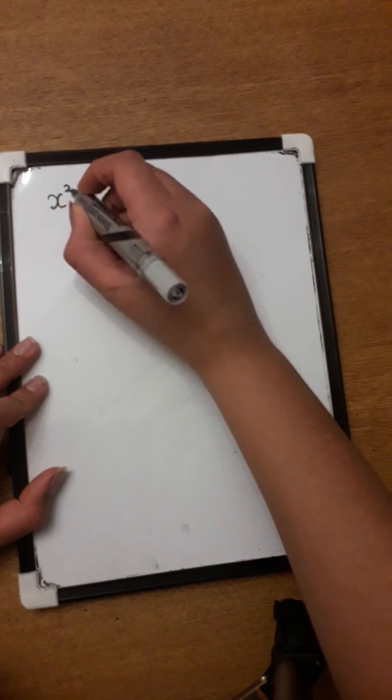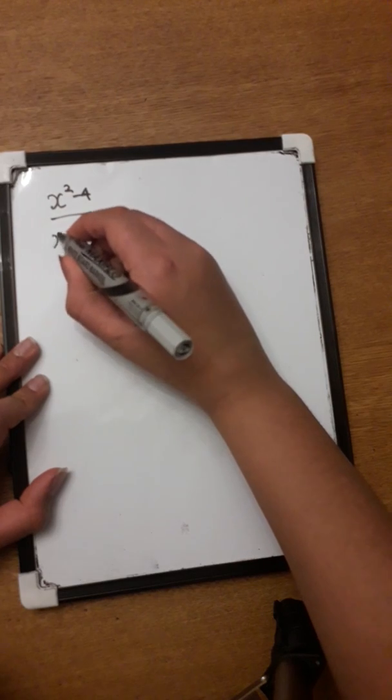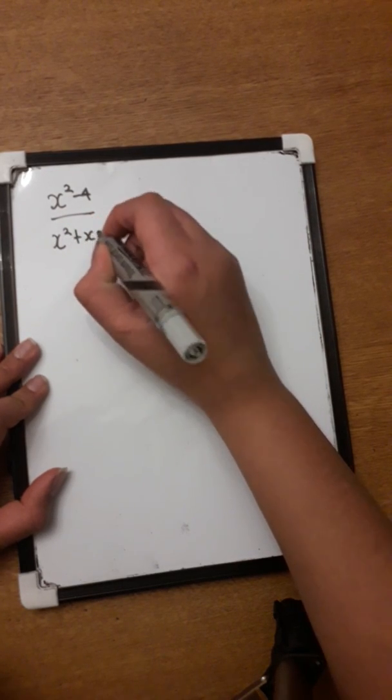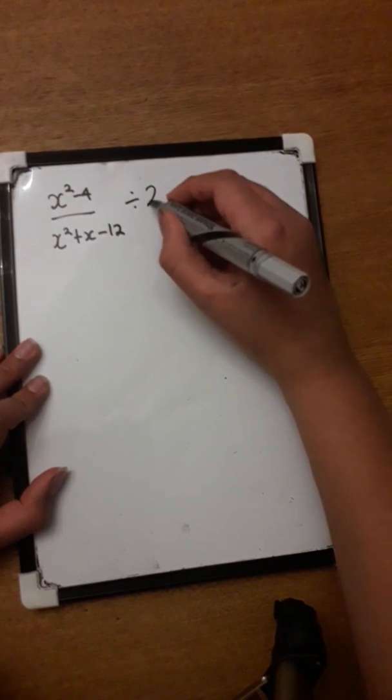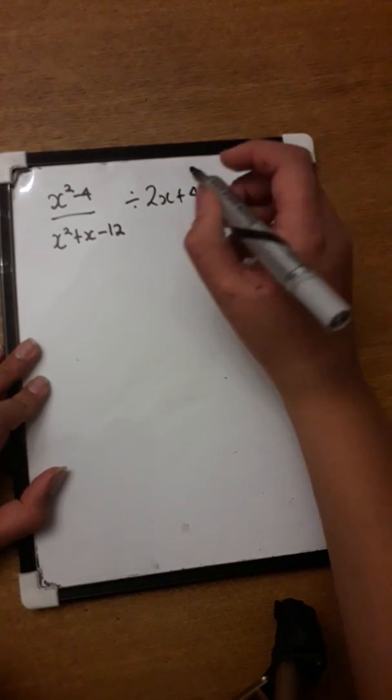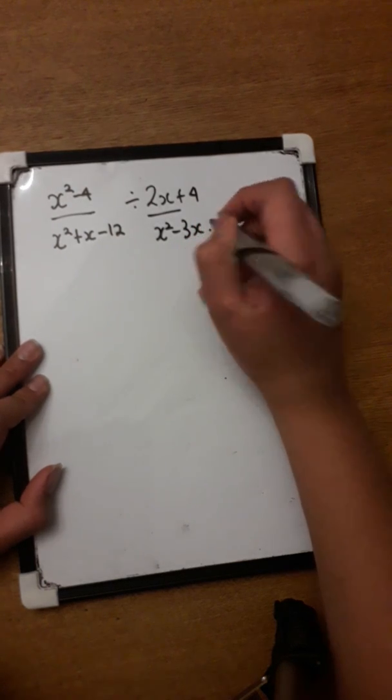(x squared minus 4) over (x squared plus x minus 12), divided by (2x plus 4) over (x squared minus 3x).